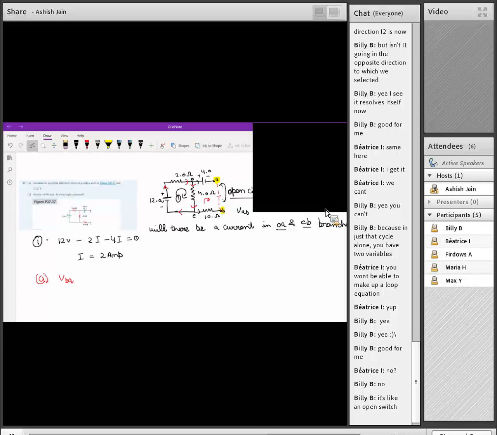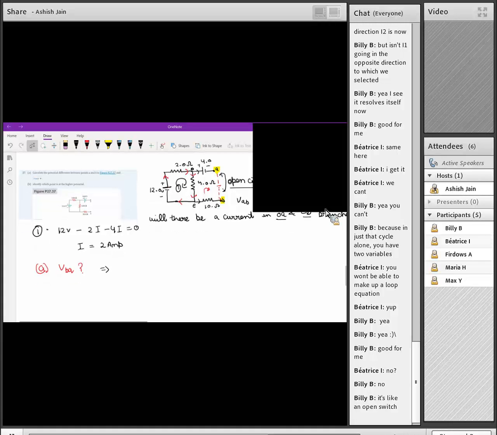So what is the equation? VBA, we have to find, and we can use the imaginary loop: 10 into 0 plus 4 into I1 minus 4 equals.